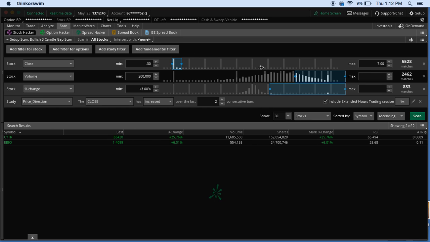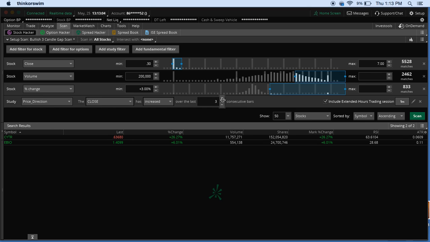Right now, I have up what I personally call my 2 or 3 bullish green candle gap scanner. The idea is this scanner will notify you of stocks that are starting to trend upwards. It's pretty simple.